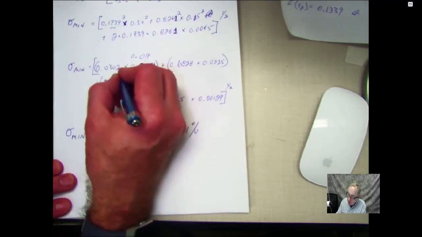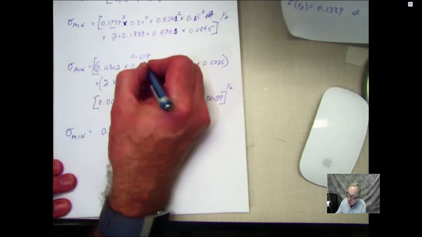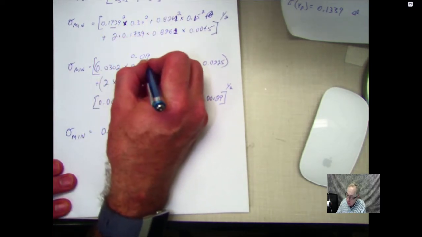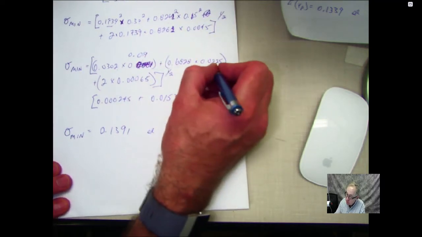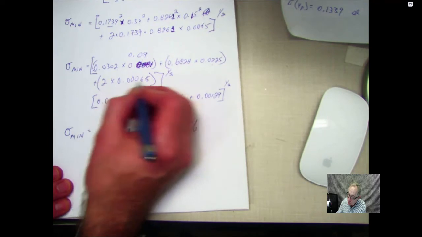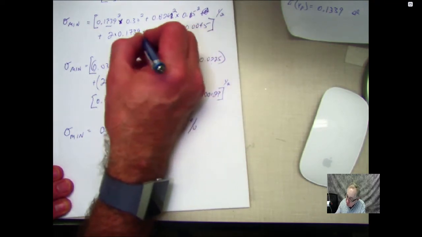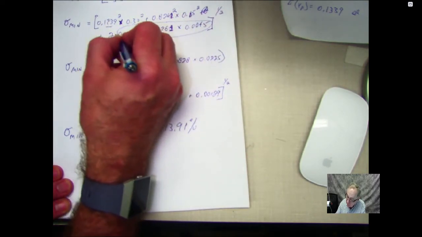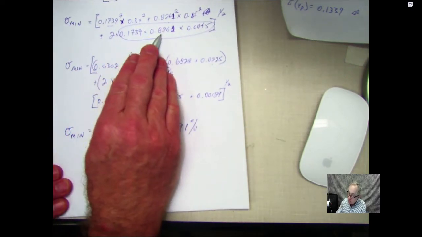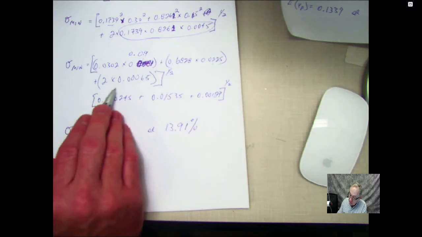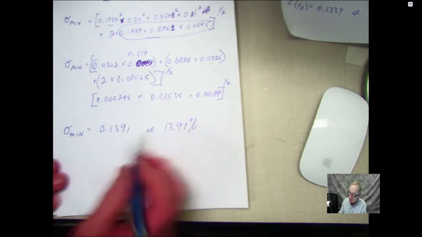So our weight of stocks squared, standard deviation on stocks squared, weight of bonds squared, and standard deviation on bonds squared, plus 2 times our entire formula, the weight of stocks times weight of bonds times the covariance. So 2 times 0.0065.